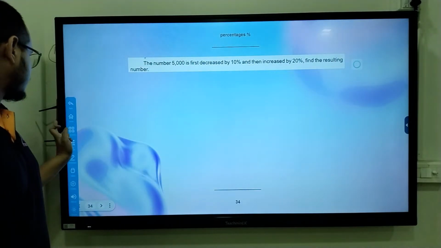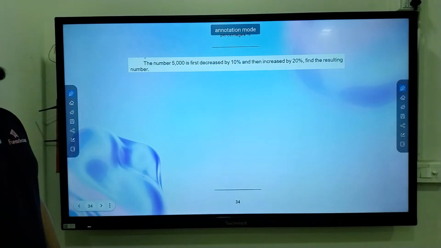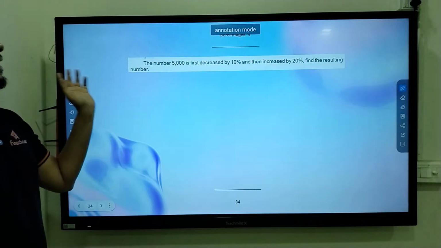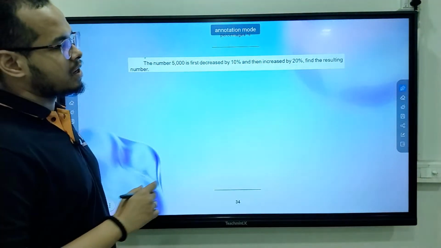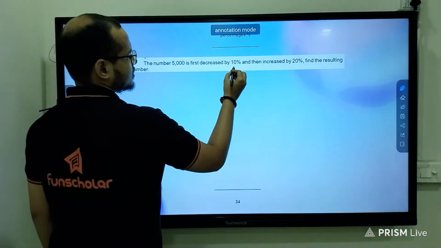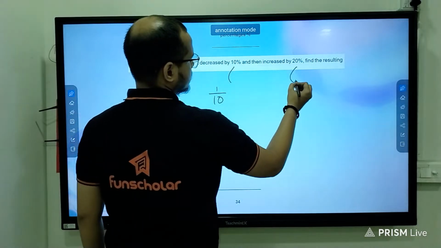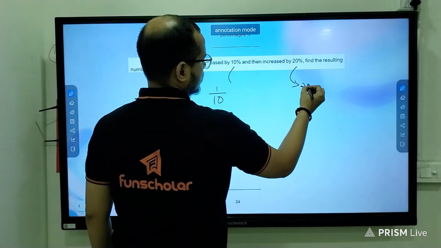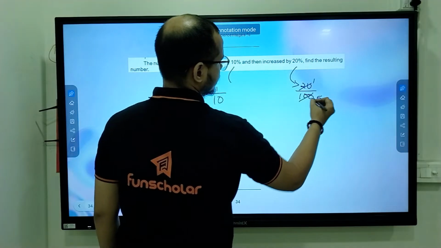Now, next sum. The number 5000 is first decreased by 10% and then increased by 20%. Find the resulting number. Very easy sum. Let me show this sum via ratio if that is possible. 10% is 1 by 10. 20% is 20 by 100 or 1 by 5.